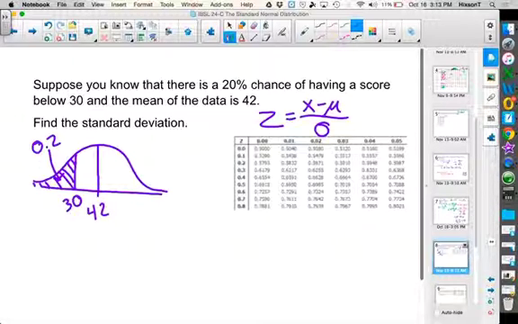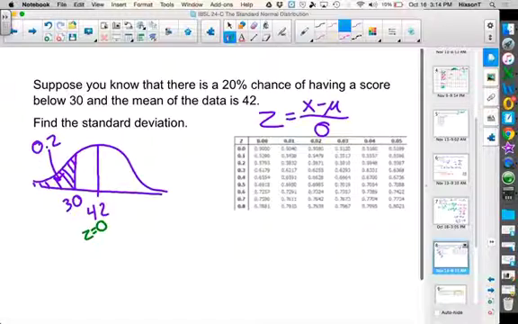Okay? What do we know about Z just by looking at this picture? What do you think, Vicky? If this is to the left of the mean, Z is going to be negative, okay? Here, Z equals 0, right?